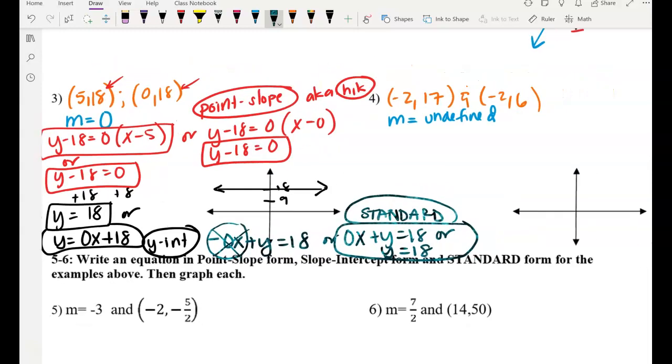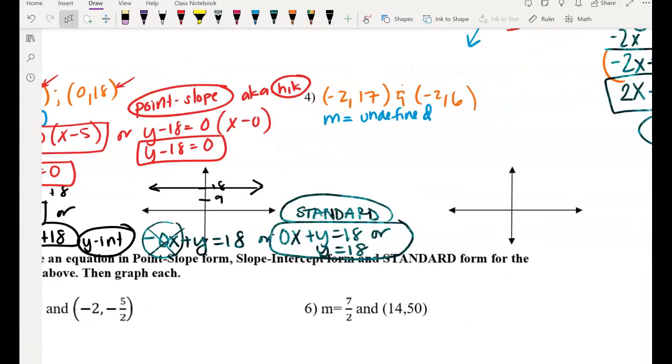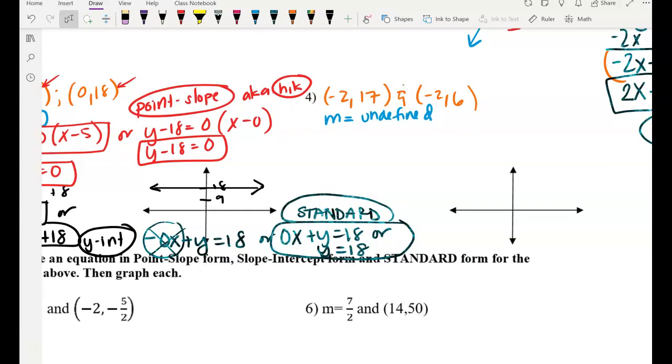Last one is undefined. So what does that even look like, right? What's an undefined slope? Well, an undefined slope, meaning that we know there will be a vertical line. Okay, if we're going to plug these in, here we go. -1, -2, okay. Looks like we got 6 and 17. So I'm just going to go 6, 12, and then 18. As you can see, x-axis and y-axis, they can be labeled differently.